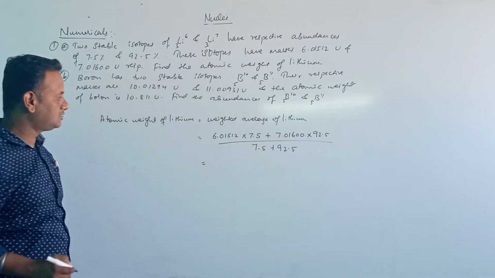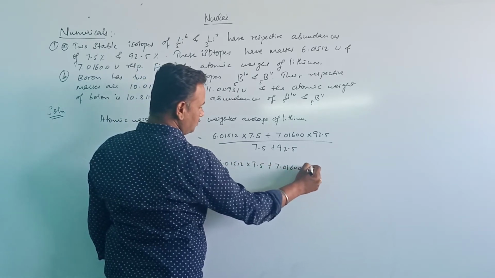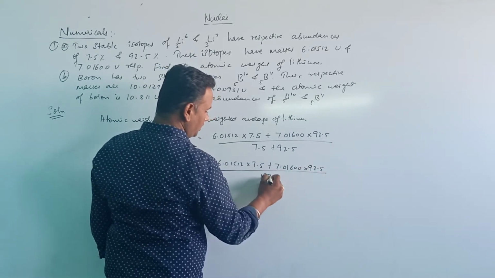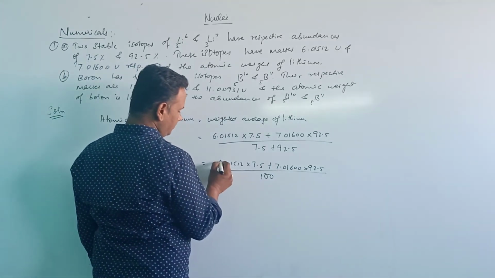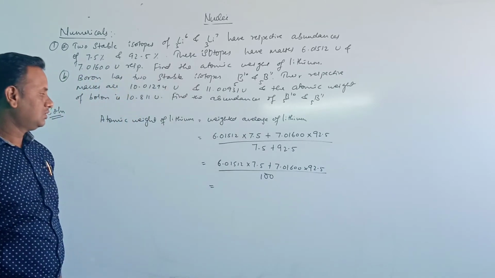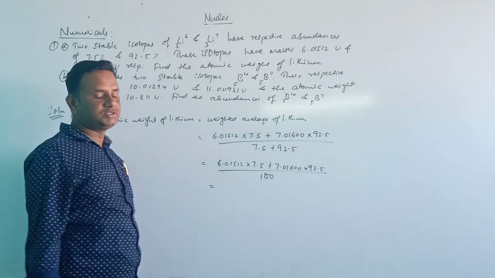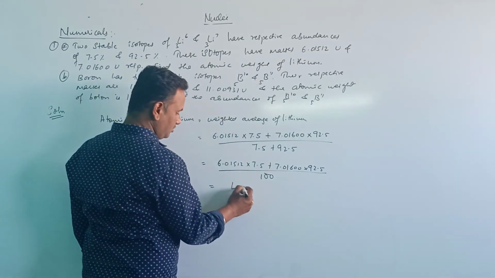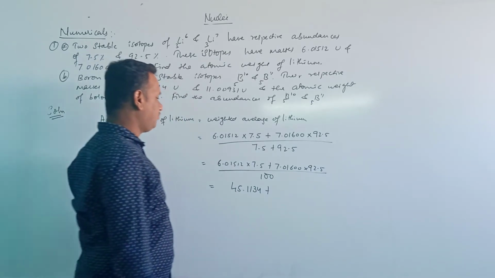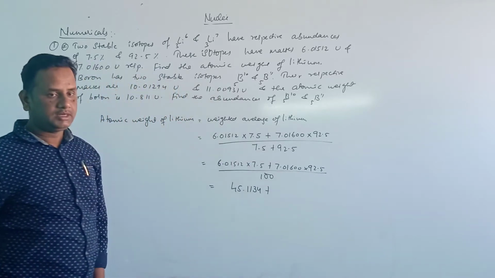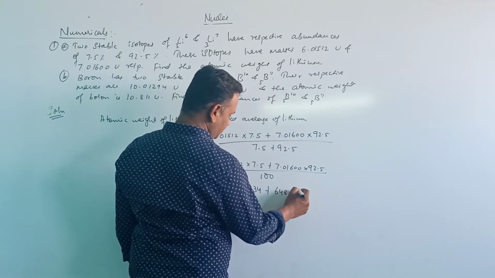So if you multiply, how much will you get? 6.01512 into 7.5 plus 7.01600 into 92.5, whole divided by 100. 6.01512 into 7.5 is 45.1134, plus 7.01600 into 92.5, which is 648.98.